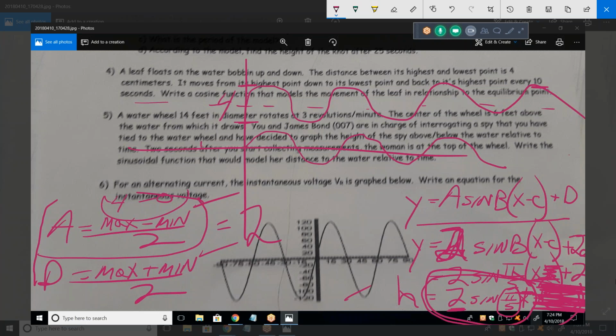In other words, when you're talking about periodic stuff, like a leaf bobbing on water or a water wheel or whatever, it's always a function of time. Real life is a function of time. And it doesn't matter if I'm analyzing a Ferris wheel or somebody swinging out on a rope over a river, or somebody breathing, or the tides coming in and out, or the temperature on any given day of the year.